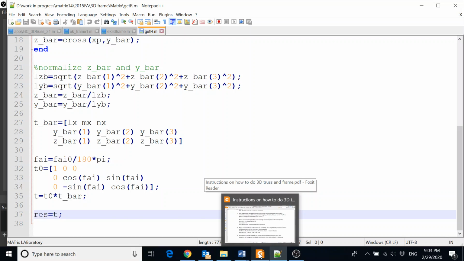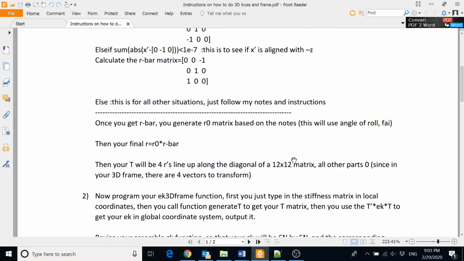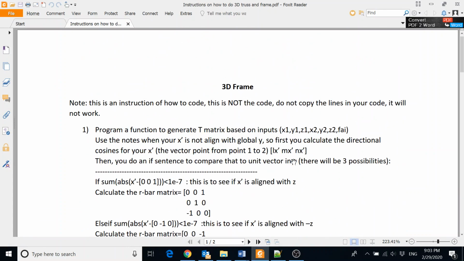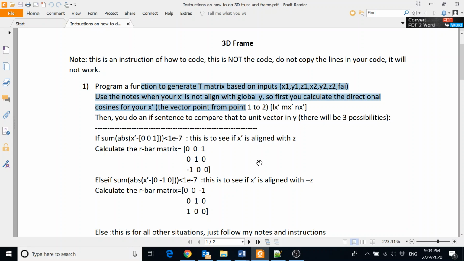Here is a little help document, which I will also post in Canvas, where there's nothing new, but just to give you another set of notes, because this is kind of counterintuitive and confusing.